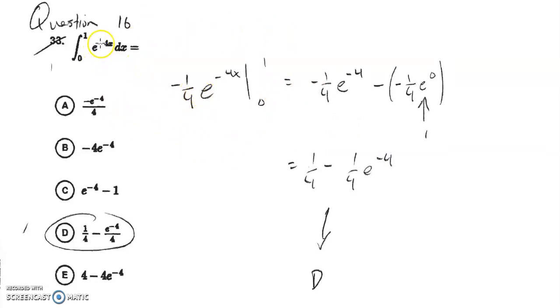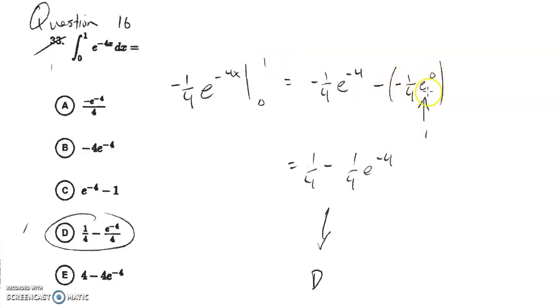We're integrating e to the negative 4x. So it's going to get an e to the negative 4x, but I need the negative 1/4 out front to balance out the chain rule if I were to derive this. I'm going to evaluate that between 0 and 1, which gives me negative 1/4 e to the negative 4, that's 1 plugged in, minus a negative 1/4 e to the 0.